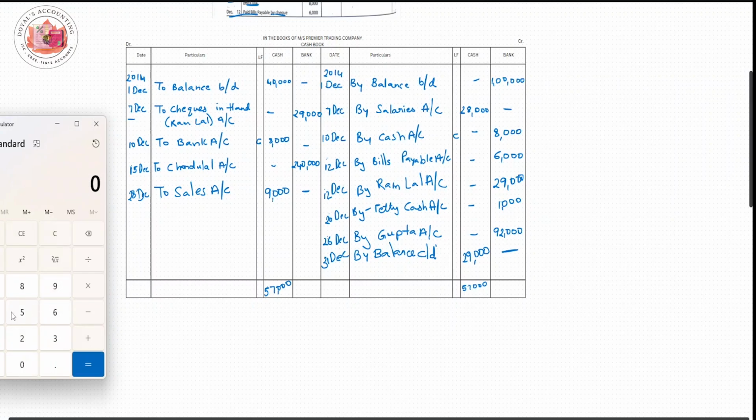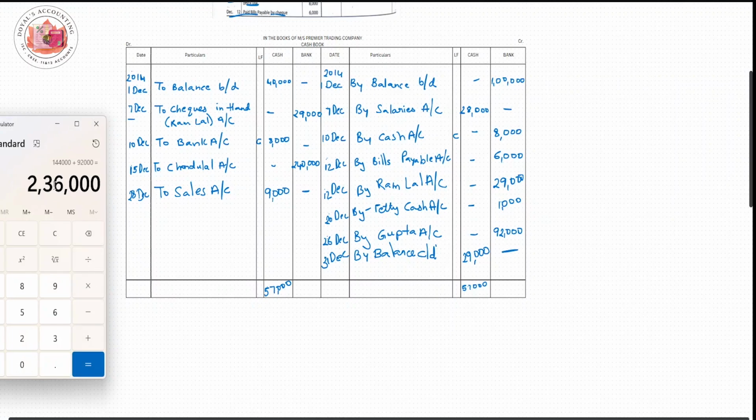On my credit side my opening balance is an overdraft, so 1 lakh plus 8,000 plus 6,000 plus 29,000 plus 1,000 plus 92,000.